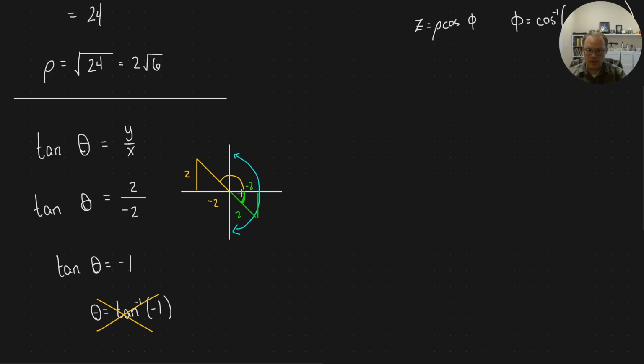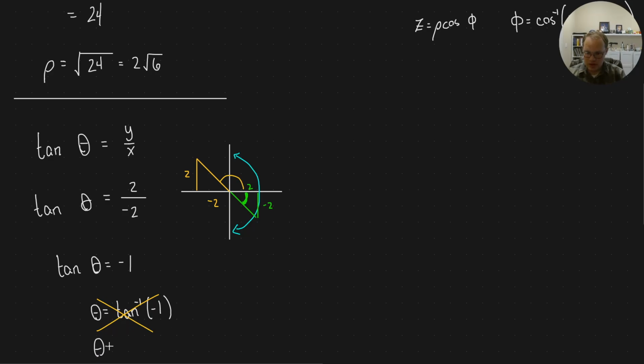So arctangent is going to spit out this angle right here, because the y is -2, the x is +2. So x and y are still opposite signs, but that is where the arctangent is going to spit out the angle. So we need to correct for it.